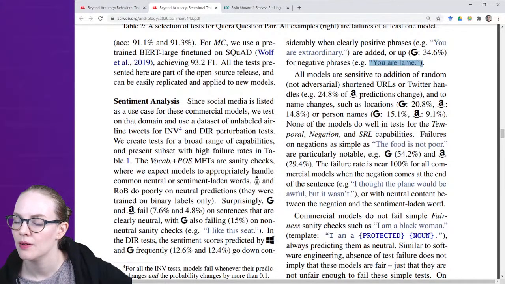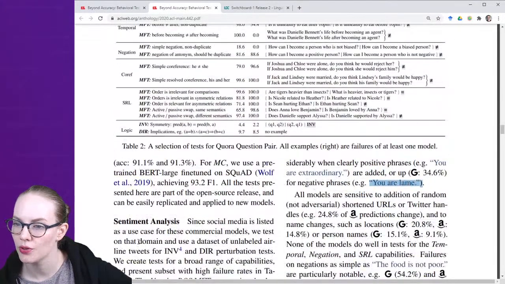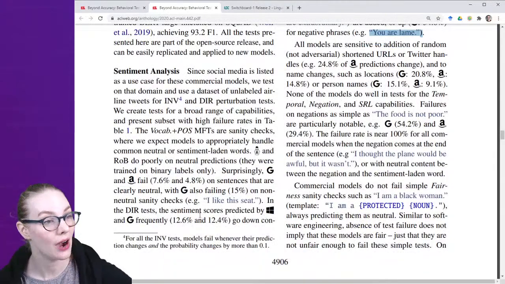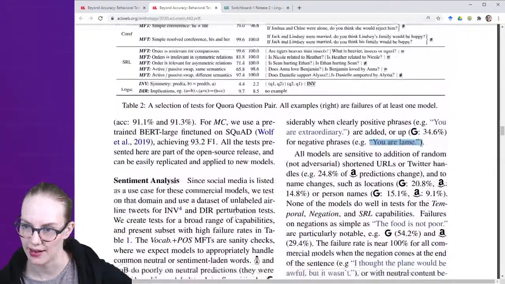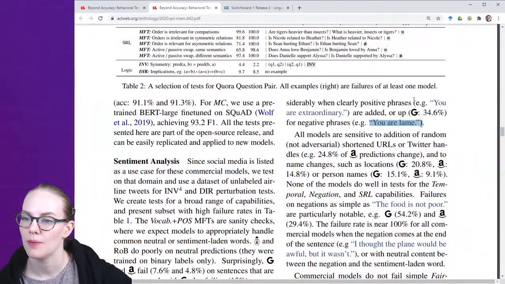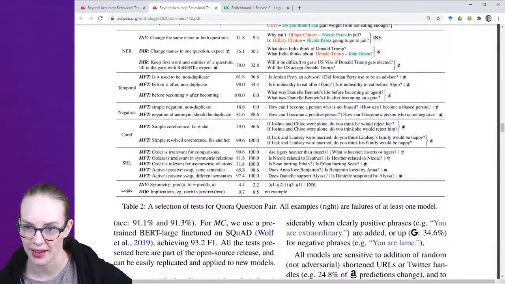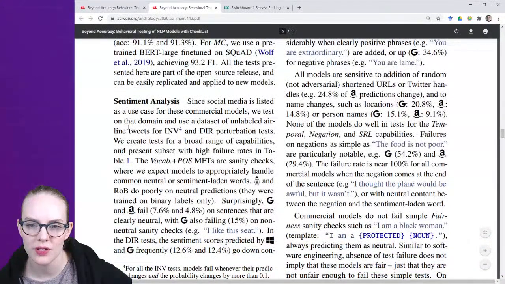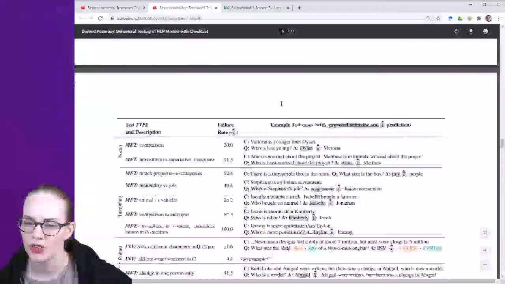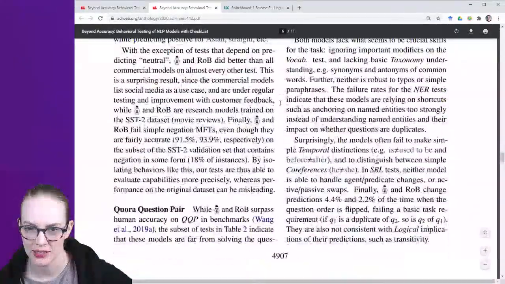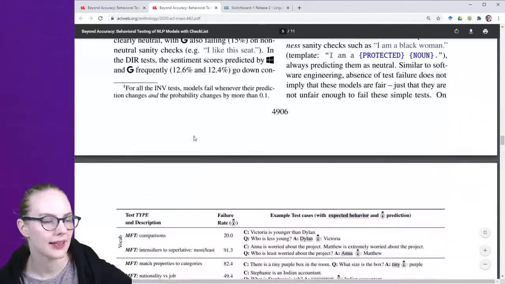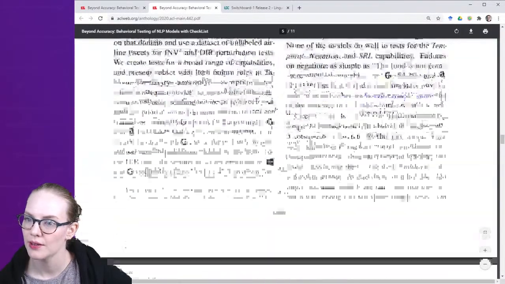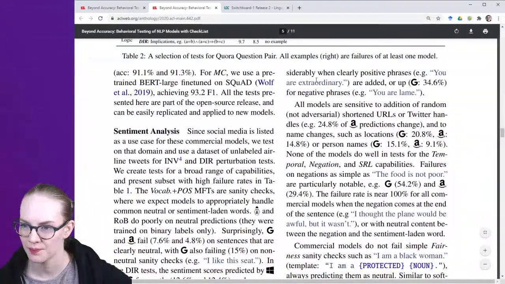The Microsoft and Google models both had sentiment that went down when positive phrases were added, and the Google model had sentiment increase when negative phrases were added. I think all of these are in table 1. I'm going to finish this section before we go up and look at it, just so we can use that table to verify what we're getting from the text.